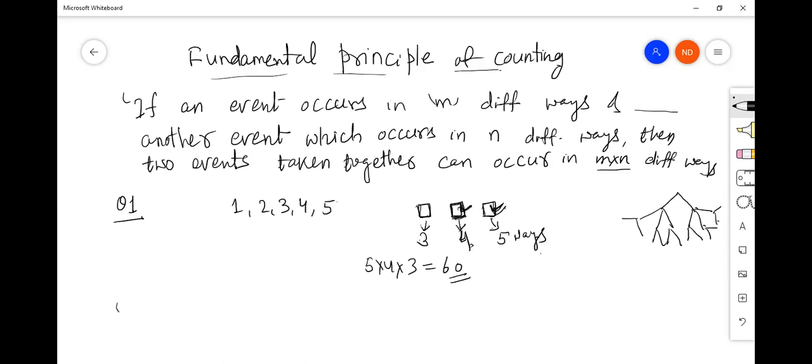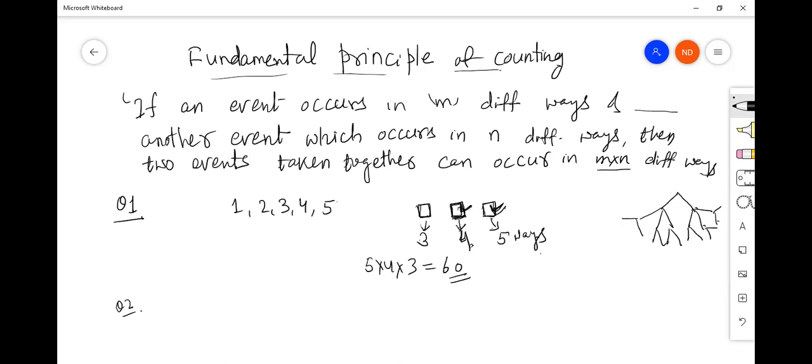Maybe one more question I can take from here. A coin is tossed three times and outcomes are recorded. How many possible outcomes are there? You have studied this concept earlier in probability. When three coins are tossed, or one coin tossed three times, the number of possible outcomes is 8.